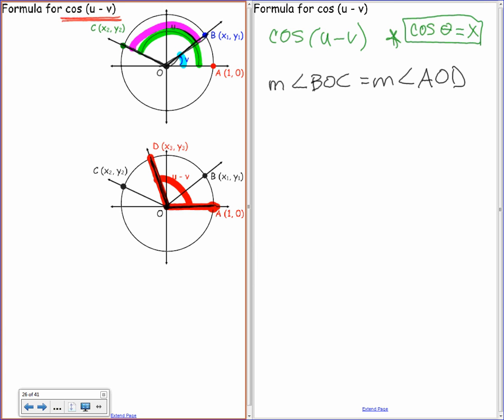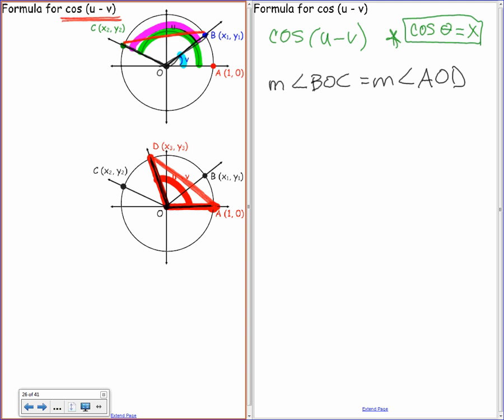So if that's true, and since both things are on the unit circle, here's what I want you to understand. The distance between B and C is the same as the distance between A and D, because we're supposed to be on the same circle.